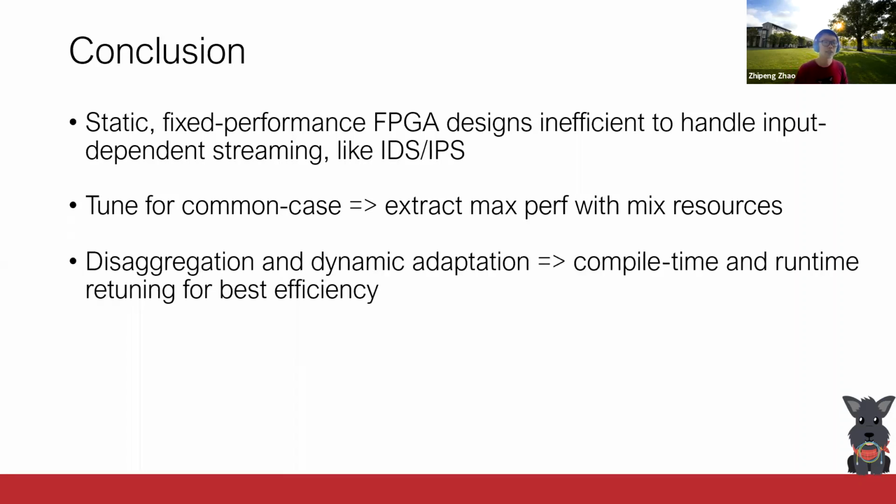And our second insight is disaggregation and dynamic adaptation, where we can address the brittleness of a common case tailored design by letting users retune the design at both compile time and runtime to retain the best efficiency.